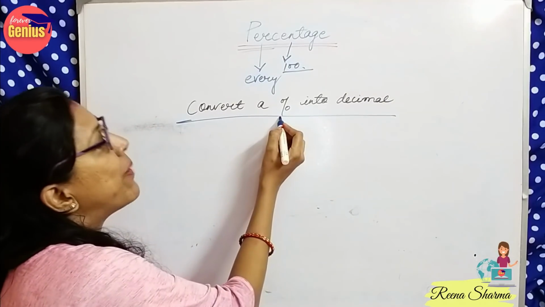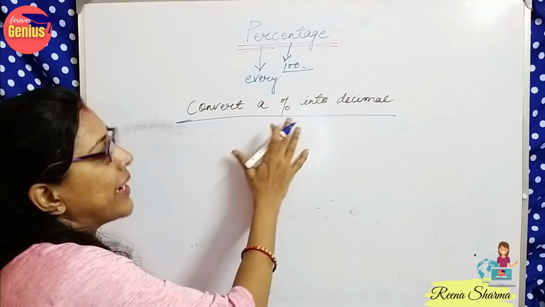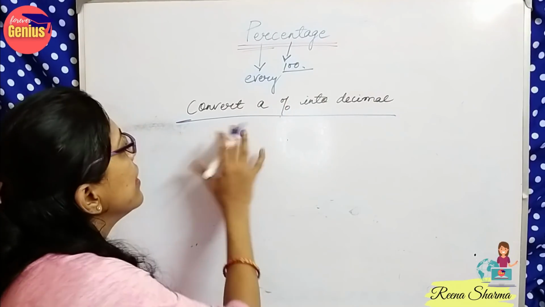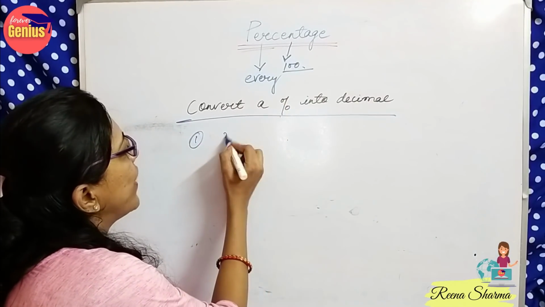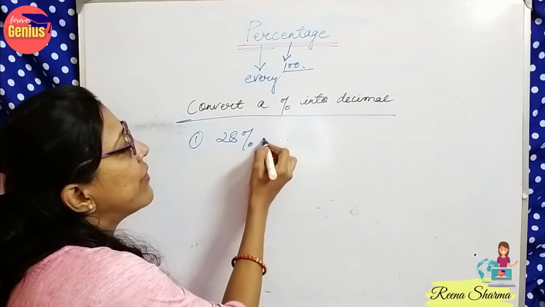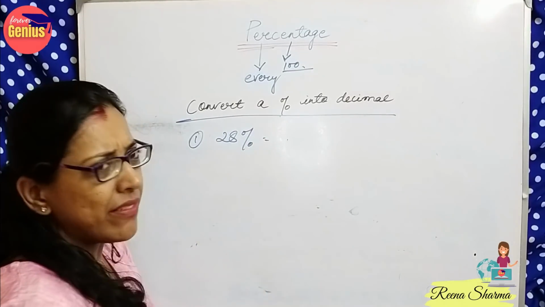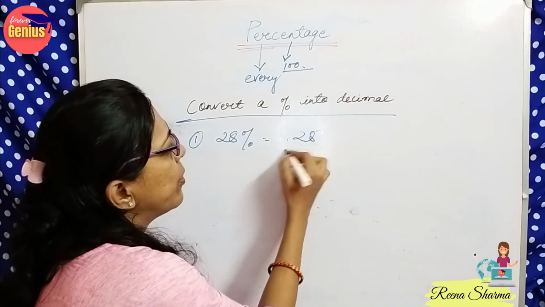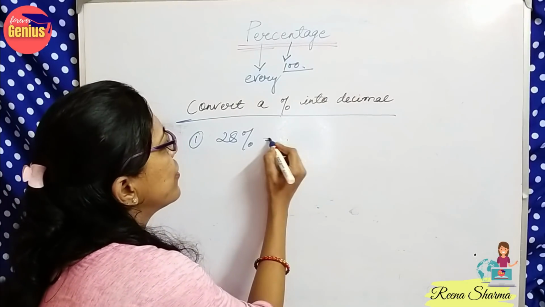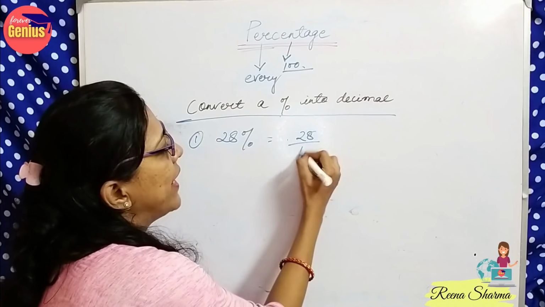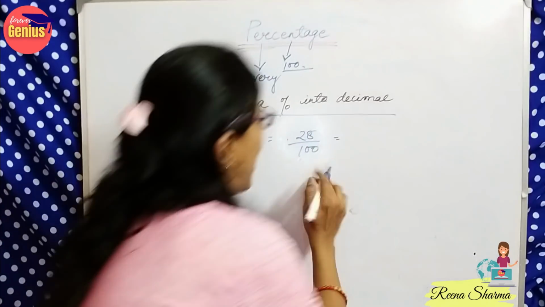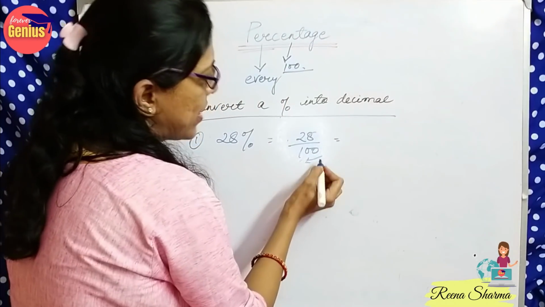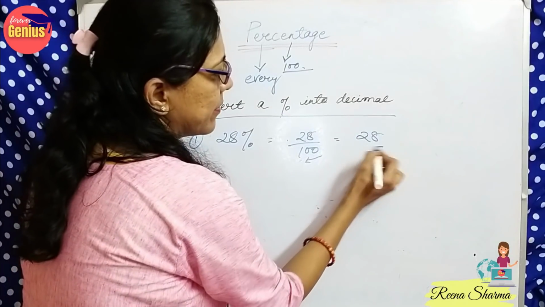Convert a percentage into a decimal. This is the sign of percentage, so no need of writing the word again and again. So suppose 28%, if I want to convert it into a decimal, we have learned the division of decimals. If it is in the denominator like this, 28 by 100, I will simply count the number of zeros and just place the point.